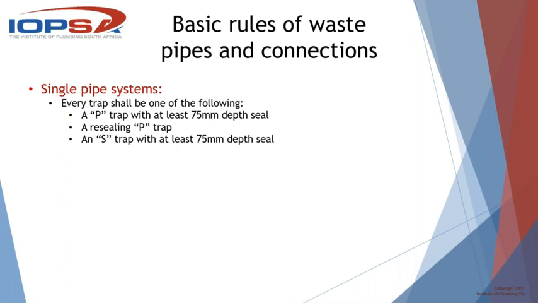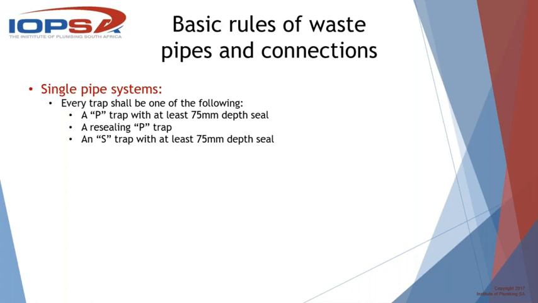If you have a discharge stack to which you are joining sanitary fixtures, every trap in that system, and this applies to stub stacks as well, but I'm particularly talking about single pipe systems, the discharge stack.